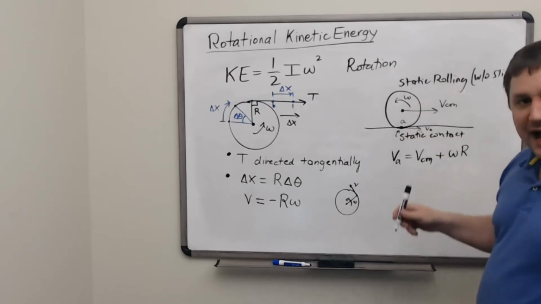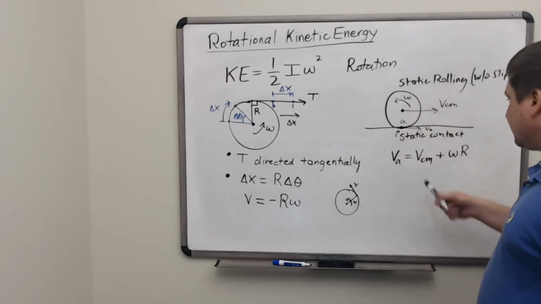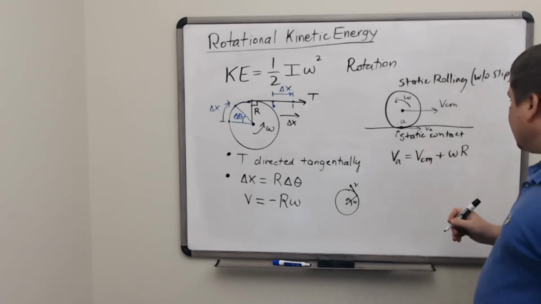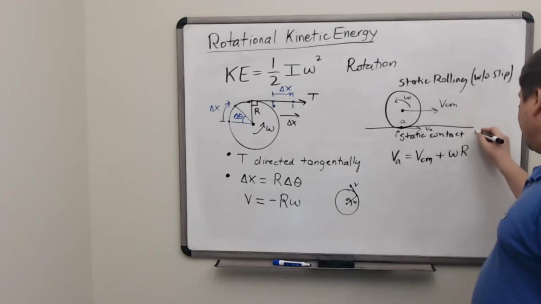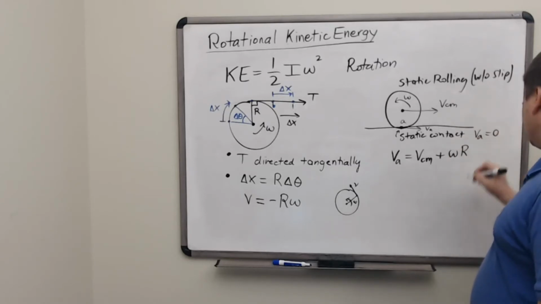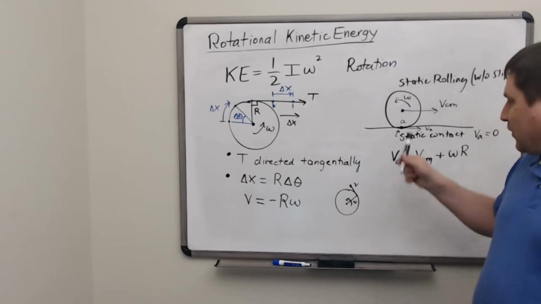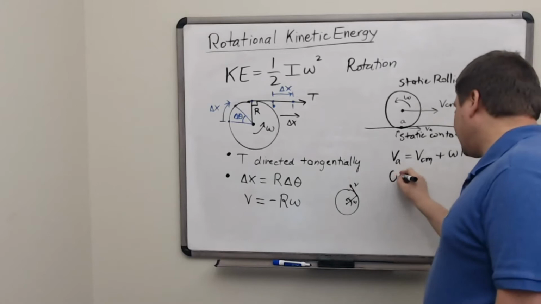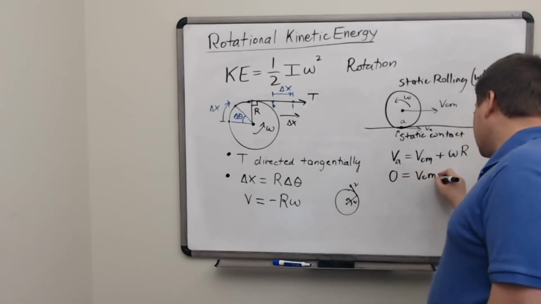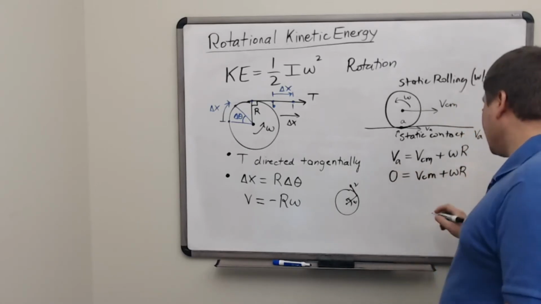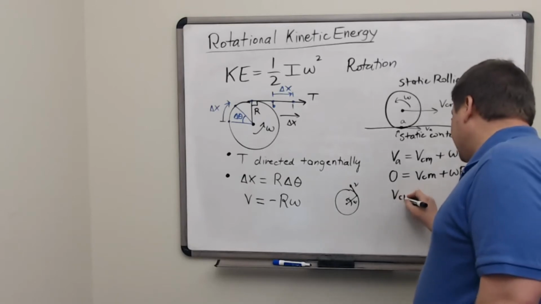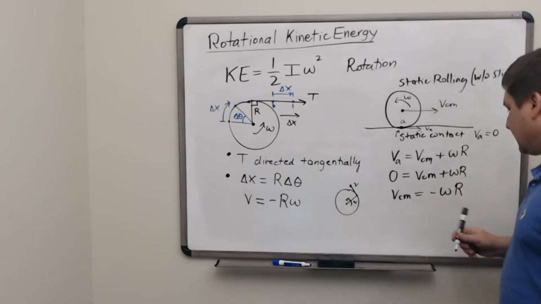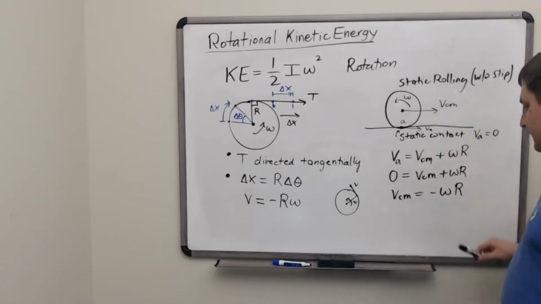So when both things are happening at the same time, both pieces contribute to the velocity of a bit of mass at location A. Now, in order for there to be static contact, the velocity of a bit of mass at point A in the rolling object must be 0. And that means we have a 0 over here. And so the velocity of the center of mass and the angular velocity are linked by this relationship.